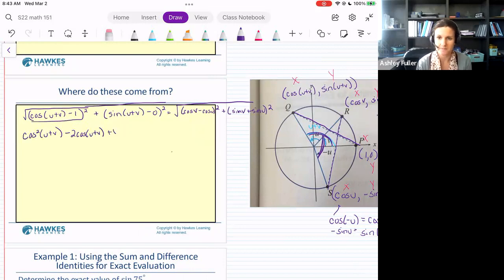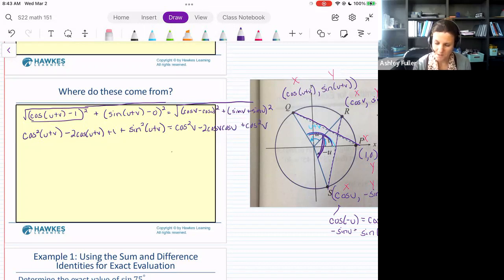That's coming from right here. Plus, we just end up with sine squared of u plus v, because that 0 doesn't play a role. And that's going to equal, when we FOIL the right side, cosine squared of v minus 2 cosine of v cosine of u plus cosine squared of u.